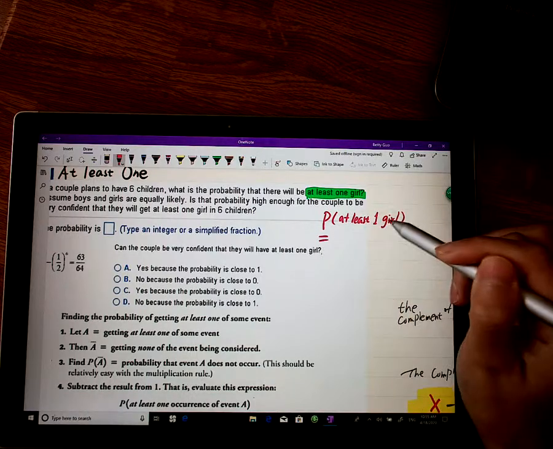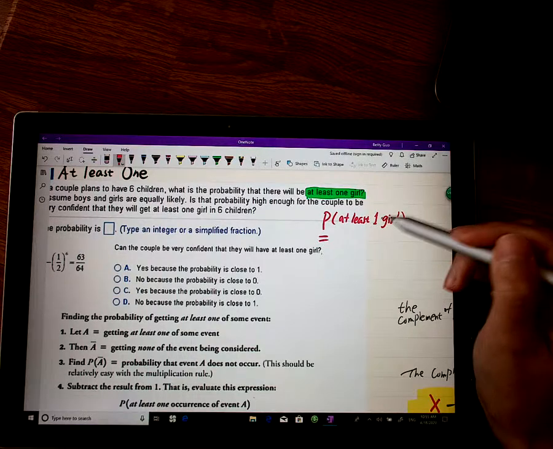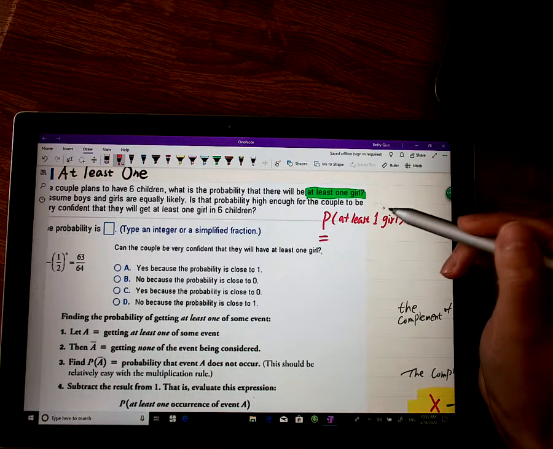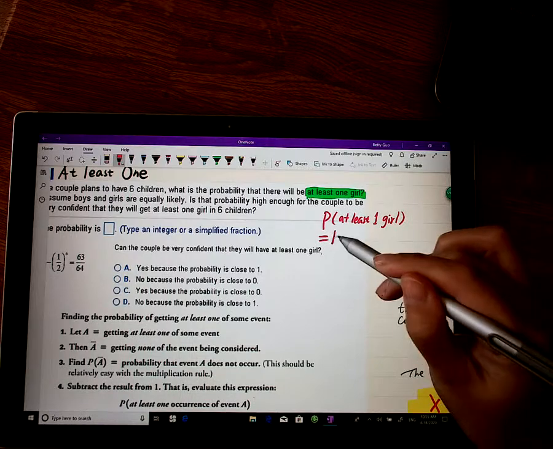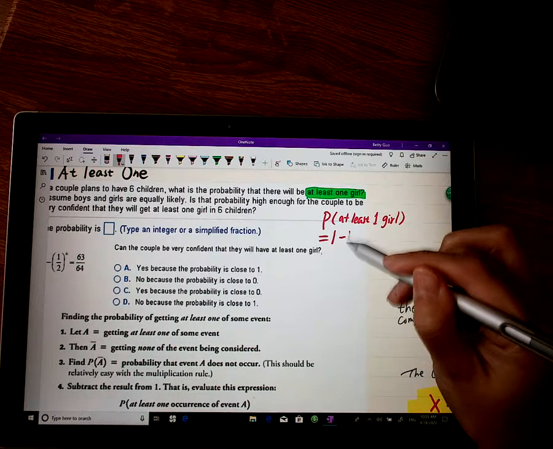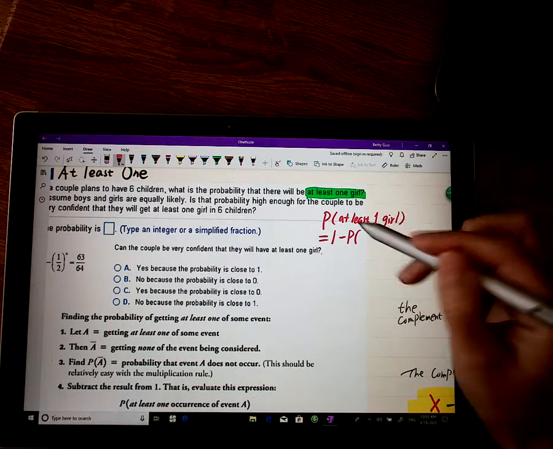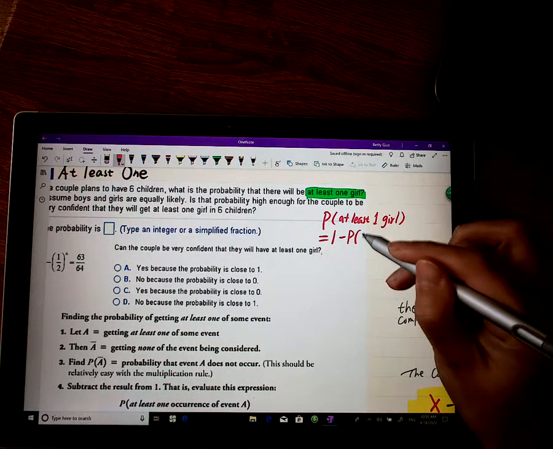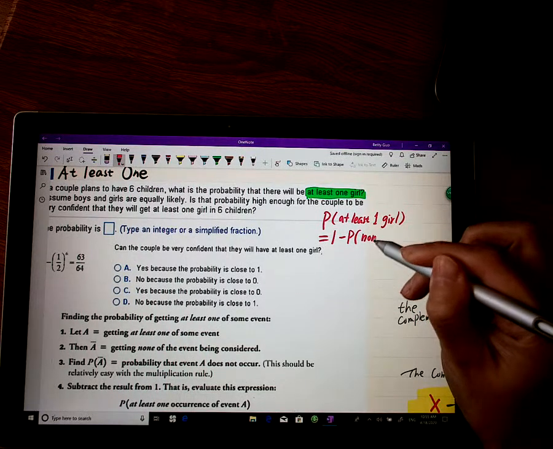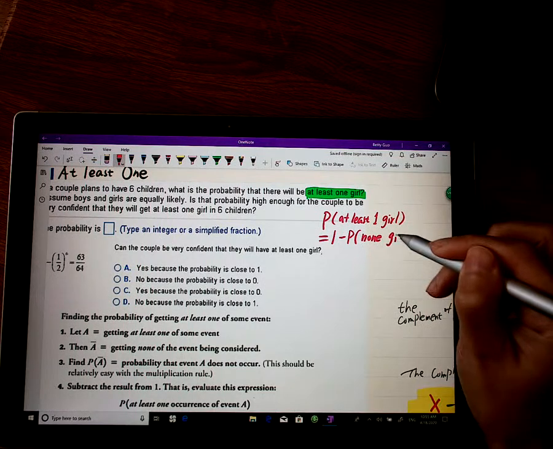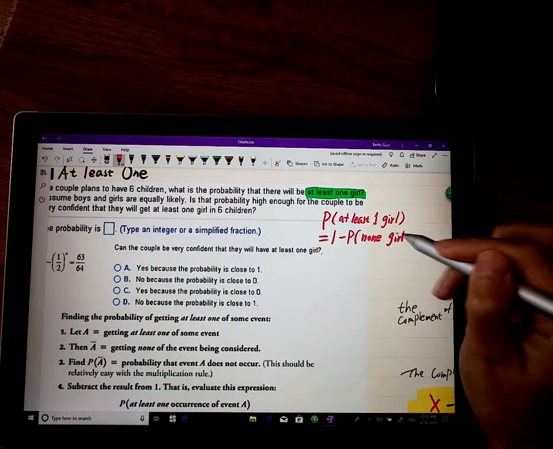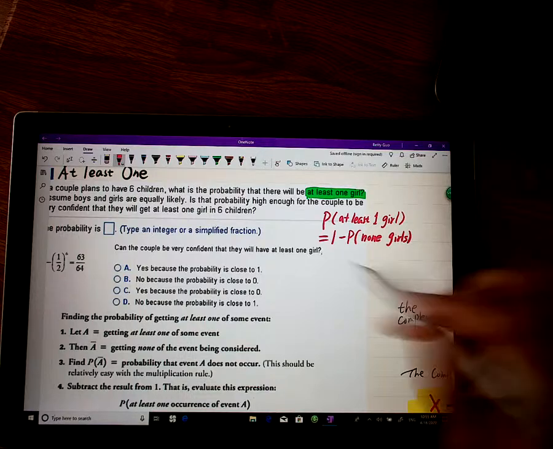That is too complicated to compute directly. So we use 1 minus its complement. The complement of at least 1 is none, so no girls. No girls. 0 girls.